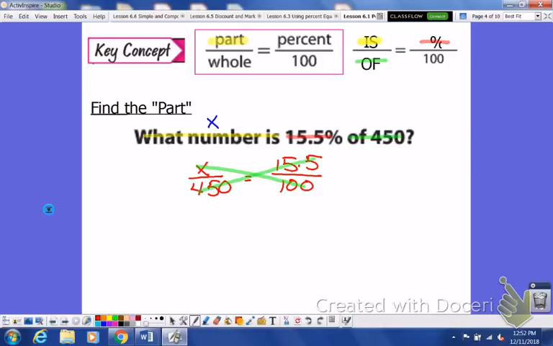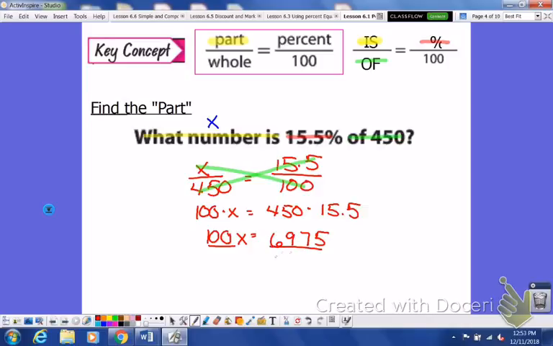Our palm tree method, so 100 times x equals 450 times 15.5. Go ahead and do the operation. So we have 100x, fix that x there, equals 450 times 15.5 is 6,975.